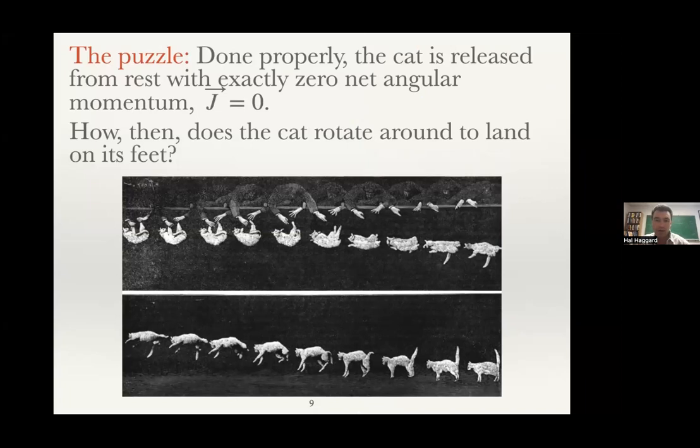And if there are no external torques, it doesn't gain any angular momentum in the fall. And so it becomes actually quite mysterious from a physics perspective how it is that the cat turns over without any angular momentum. How do you cause a rotation when you have no rotation? It seems like a contradiction in terms. And that's what got Maxwell and many physicists interested in this question.